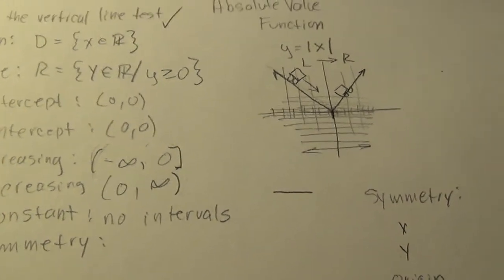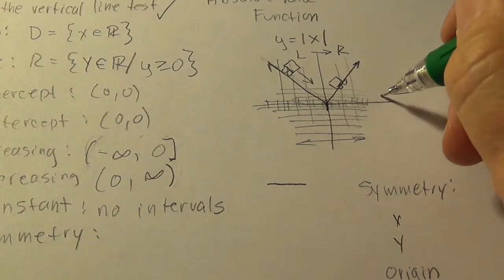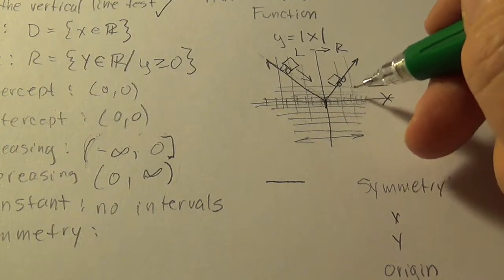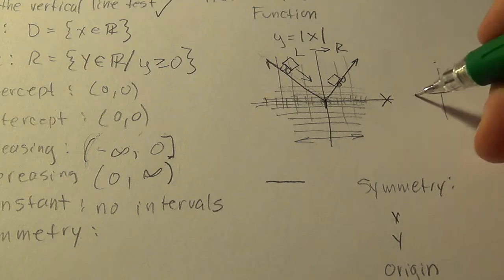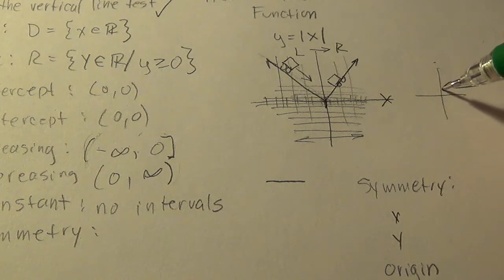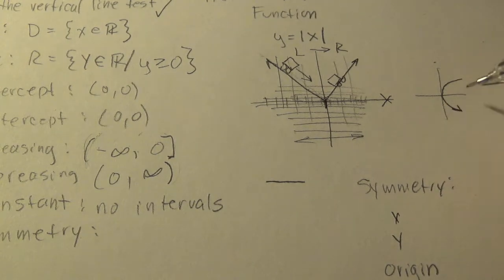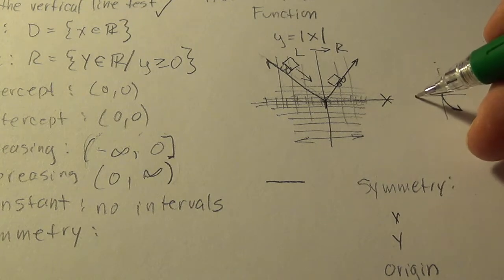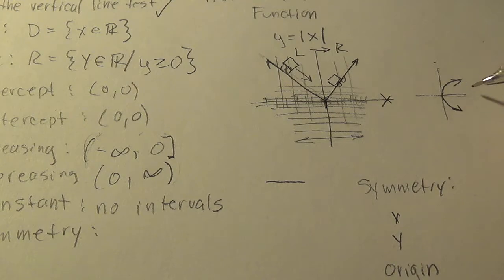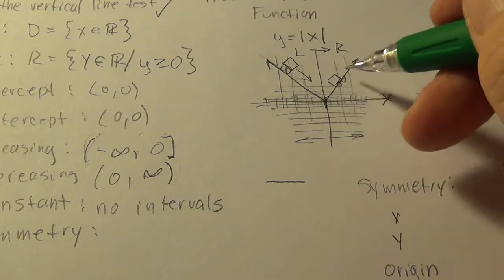It's symmetric to the x-axis if whatever is above happens below. It's like the x-axis would cut it into identical halves. If I could fold this paper along the x-axis, this would imprint this, and that would be x-symmetry. We do not have x-symmetry here.